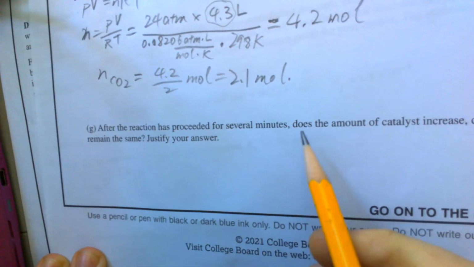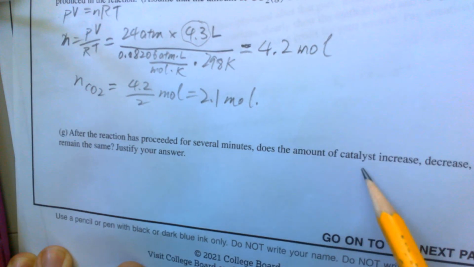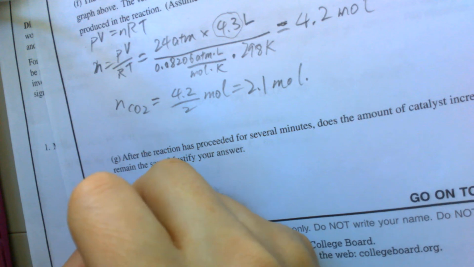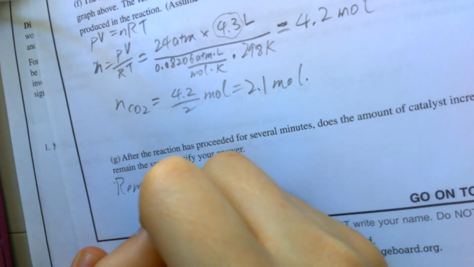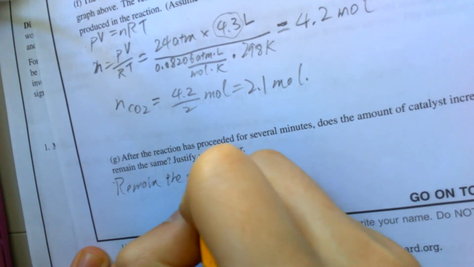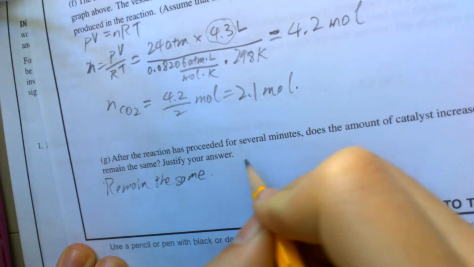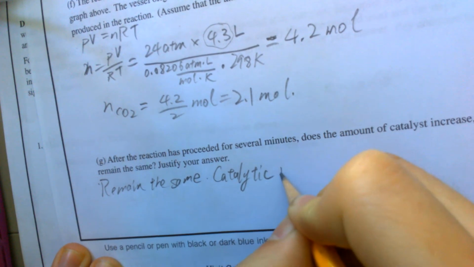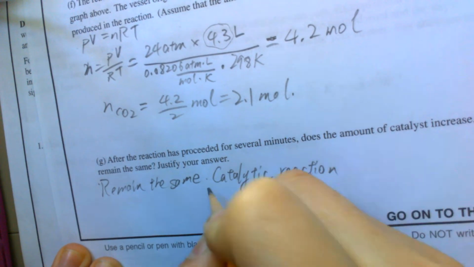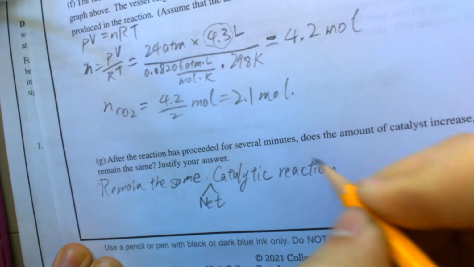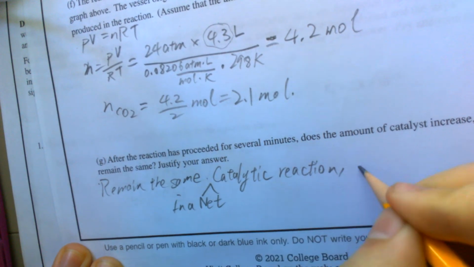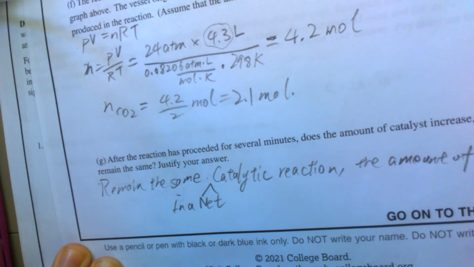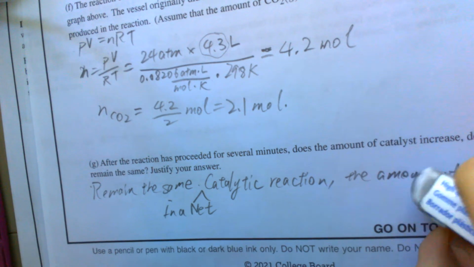So after reactions proceed for several minutes, does the amount of catalyst increase, decrease, or remain the same? Justify your answer. Of course, it remains the same. It remained the same because, in a catalytic reaction, you should say a net catalytic reaction, the amount of catalyst is not consumed.